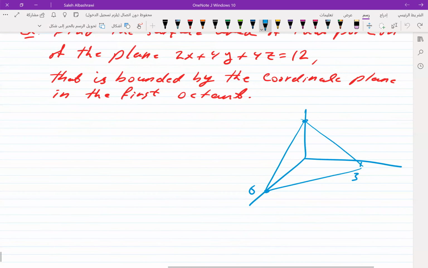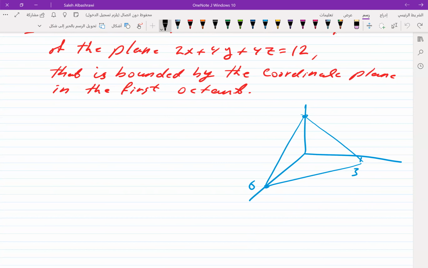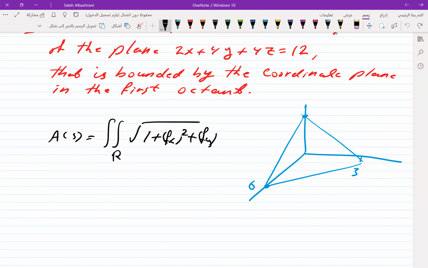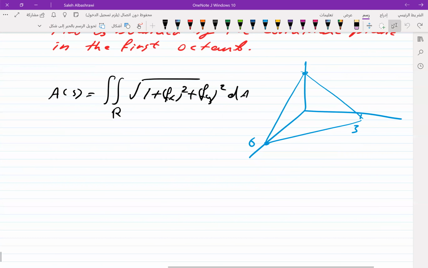So we know that the surface area S equals the integral of the square root of 1 plus f_x squared plus f_y squared dA. Now my function will be z equal to f of x, y.